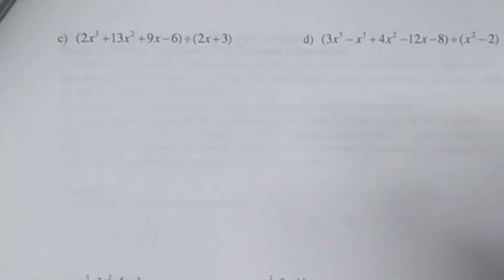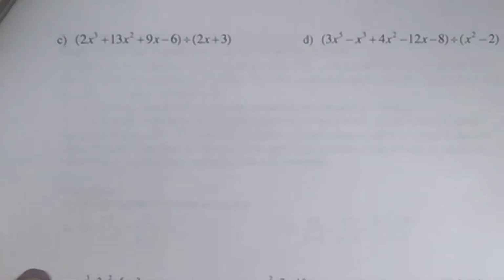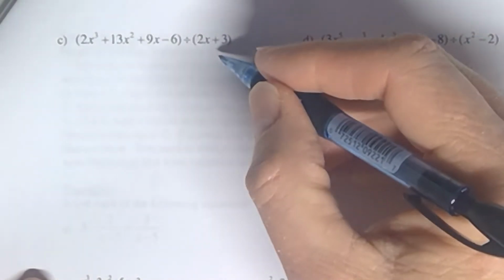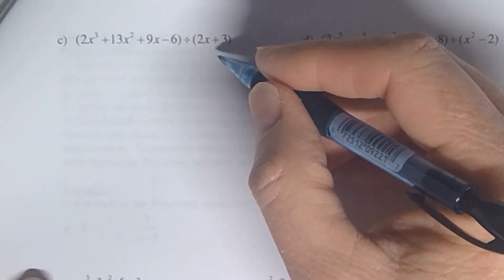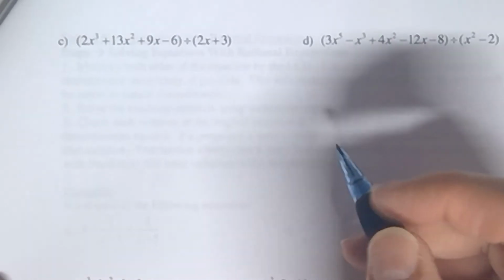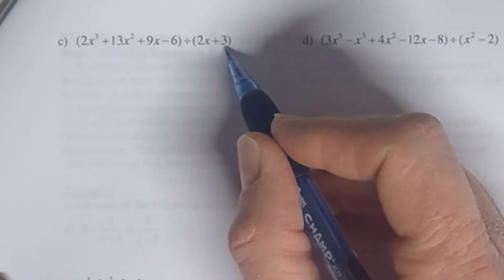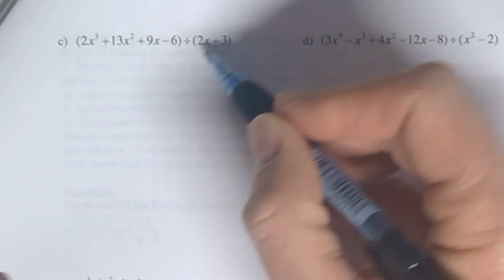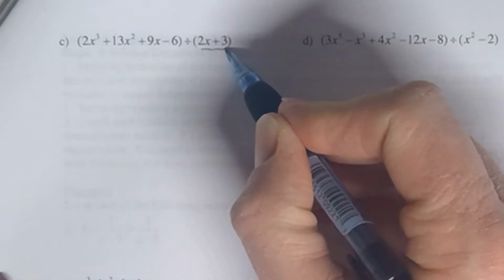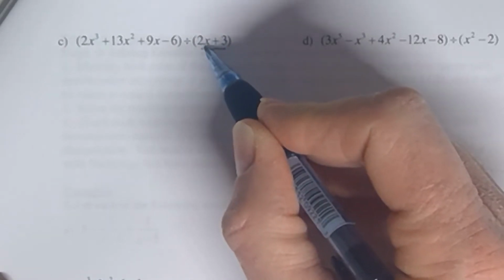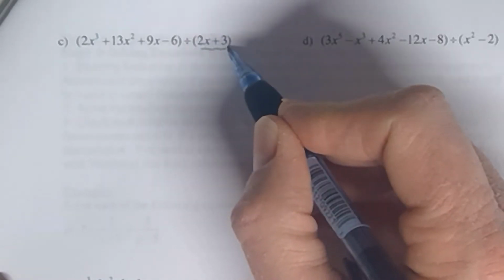Now, as we said before, when you have a bracket divided by a bracket, that means that you are dividing the entire first bracket by the entire second one. What that means when you're doing long division, which we are going to do here, is that because there's a bracket, you have to divide by the entire thing, not just the closest term, 2x, but by the whole thing.